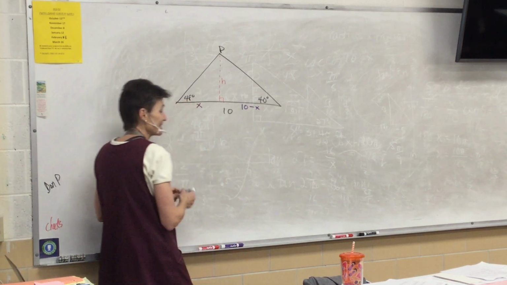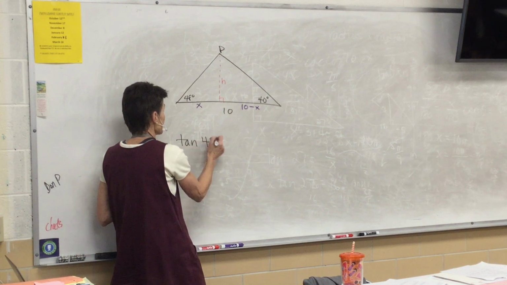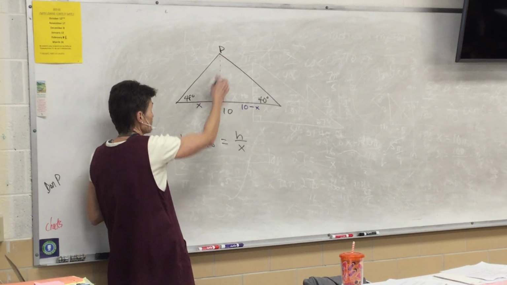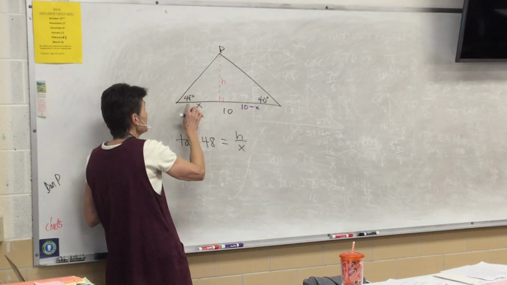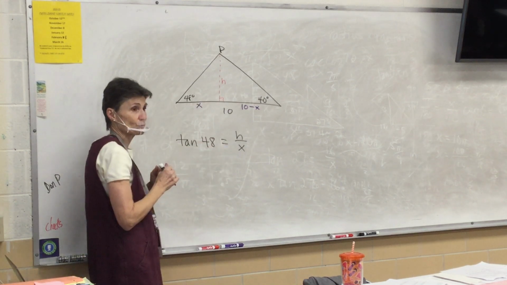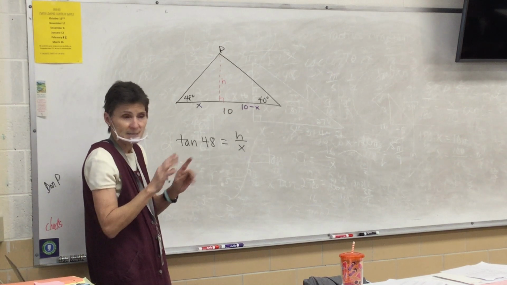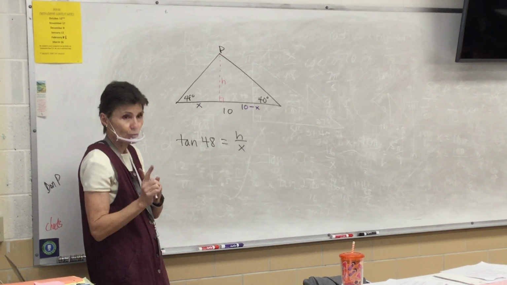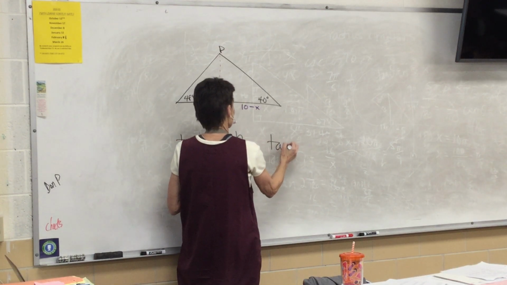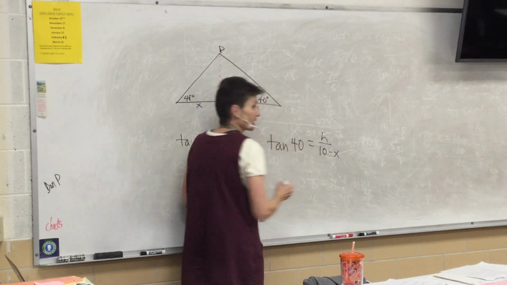So could I say that tangent 48 equals H over X? Right here in this little right triangle, because I dropped it perpendicular. Tangent 48 equals opposite over adjacent. Is that true? Yes. Now, that doesn't really do any good because it has too many variables, but it's true. Similarly, can I say tangent 40 equals H over 10 minus X?